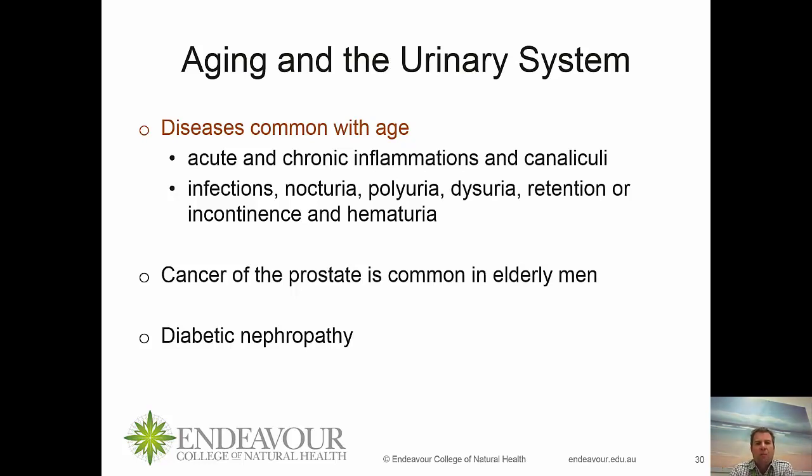The last dot point there, diabetic nephropathy, is now becoming more and more common because of the prevalence of diabetes. The high glucose levels in the blood for long periods of time cause severe amounts of damage to many very fine blood vessels.